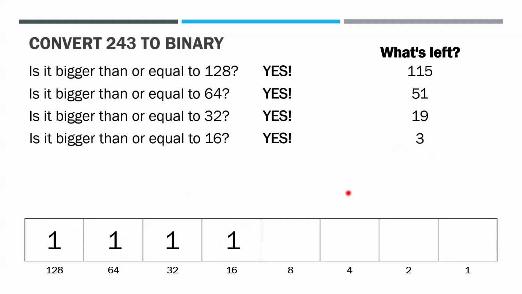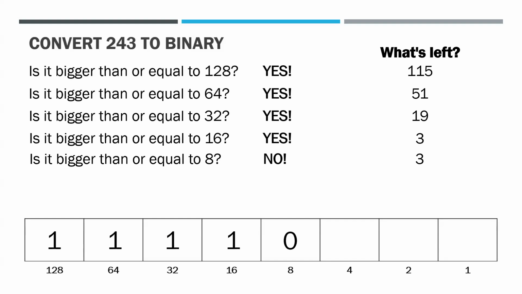Now we're down to the 8s place. Is 3 bigger than or equal to 8? Nope, it is not. So there are no 8s in 243, and we put a 0 in the 8s place. What's left over? Still 3, because we haven't taken any more out.